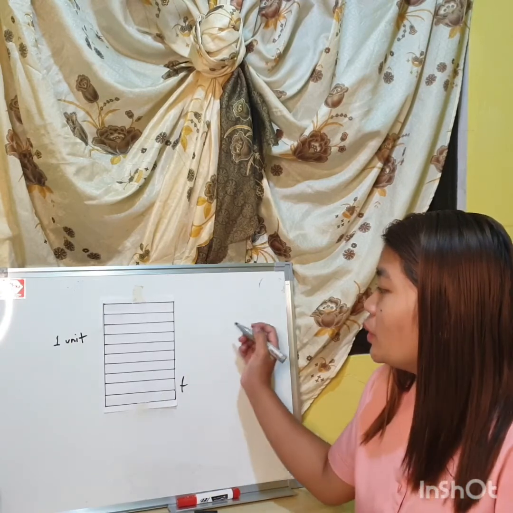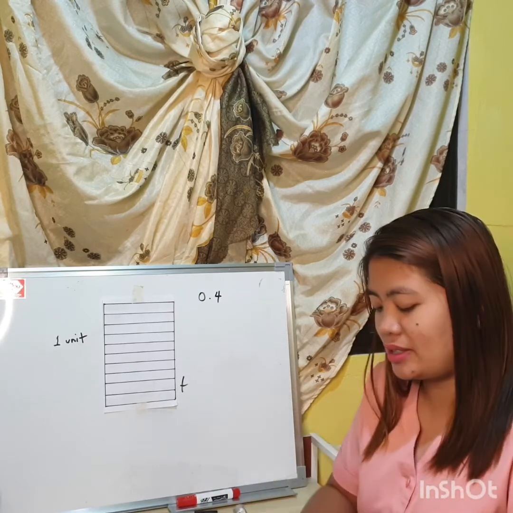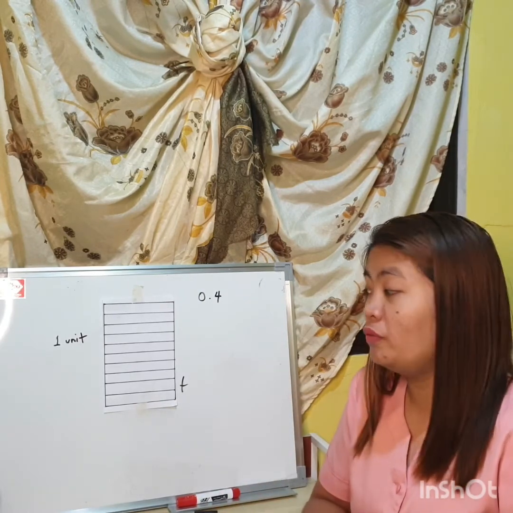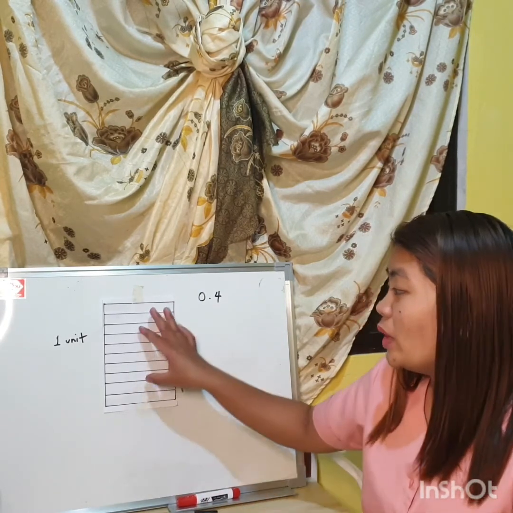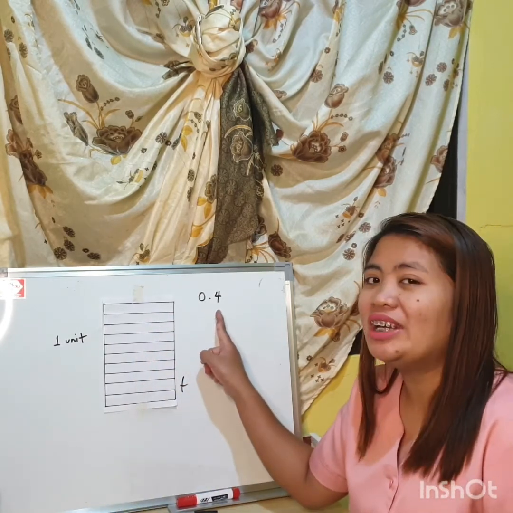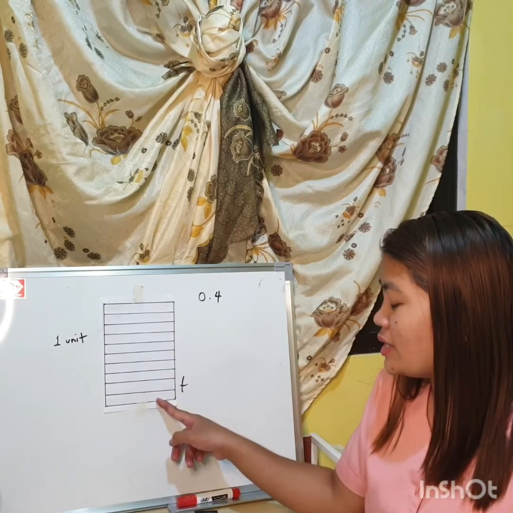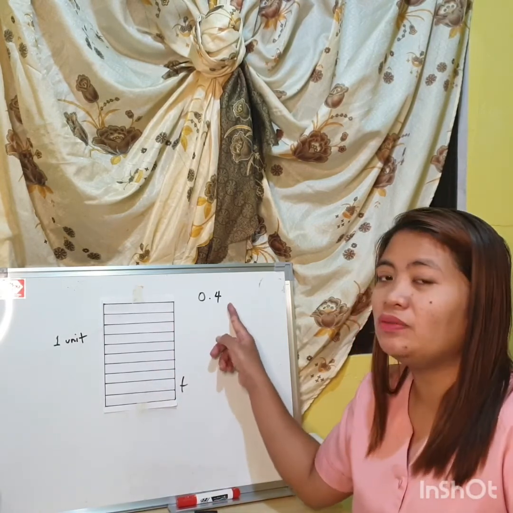So, ang atin pong given kanina is 4 tenths, 0.4 or 4 tenths. So, 1 unit is divided into 10 kasi po ito ay 4 tenths. Okay? So, hinati ko sa 10 yung isang unit para maipakita natin yung 4 tenths.